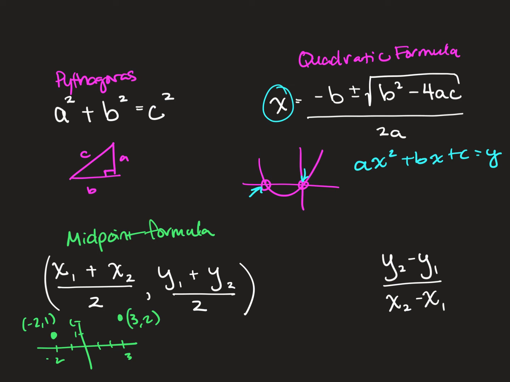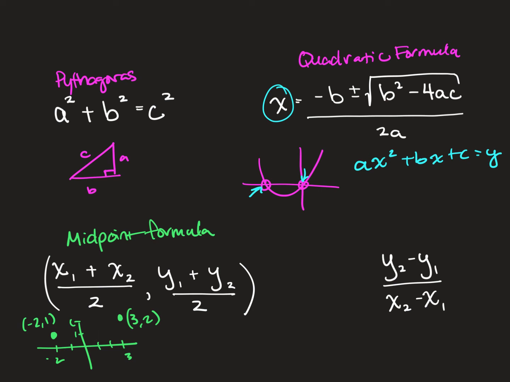This would be your x1 would be -2, your x2 would be 3, and you'd find the average of those. So -2 plus 3 is 1, divided by 2 is 1/2, which makes sense. You'd need to be about 1/2 there. And then 1 and 2 is 3, and if you divide it by 2, those are your y1 and y2 values, and that would get you your midpoint, which would be right about there.